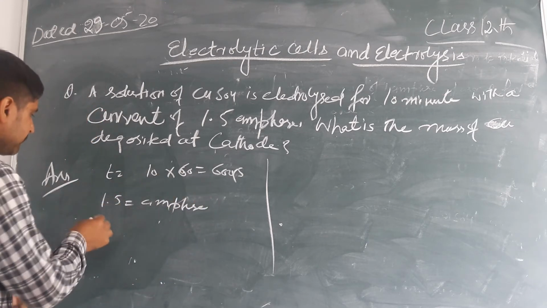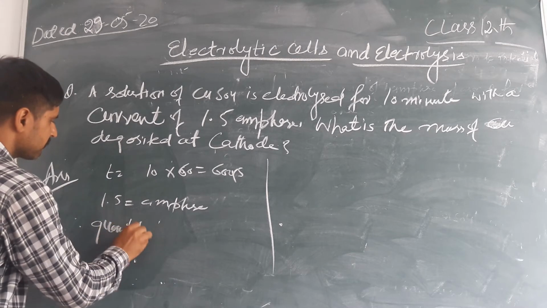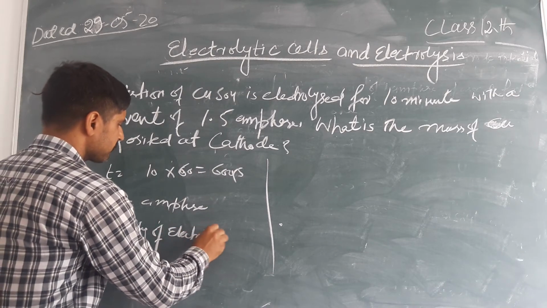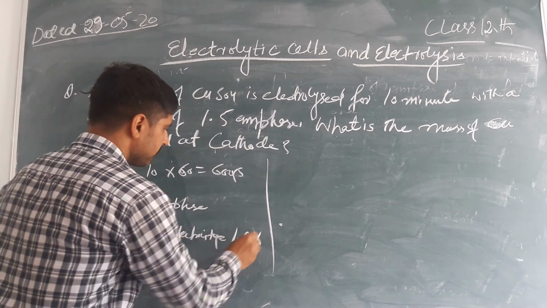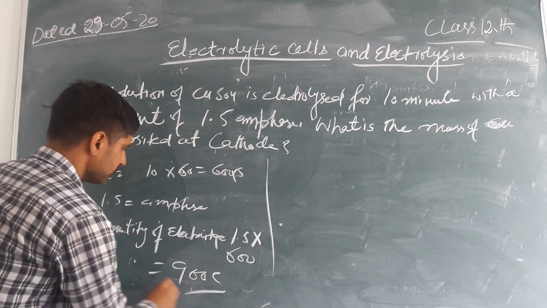Therefore, the quantity of electricity is 1.5 multiplied by 600, equal to 900 coulomb.